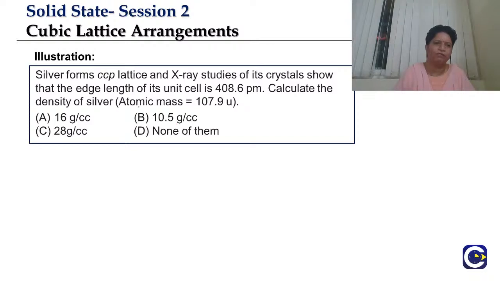Silver forms a CCP lattice, and X-ray studies of its crystal show that the edge length of the unit cell is 408 picometers. So CCP you will take as face centered crystal lattice. That will become 4. It's given in picometers.